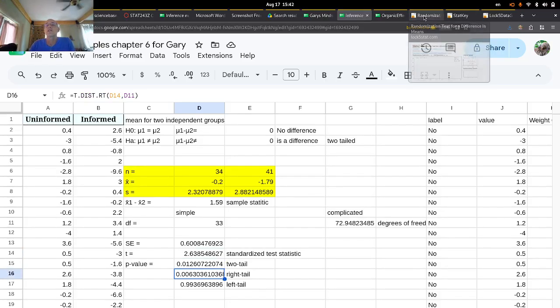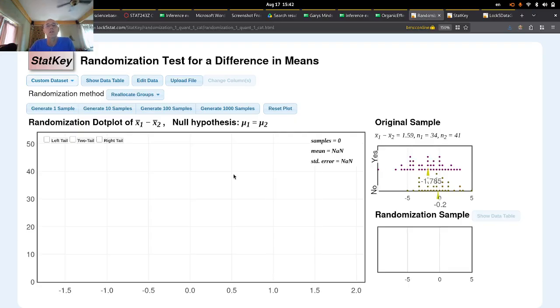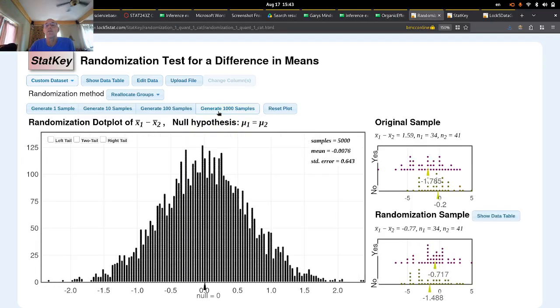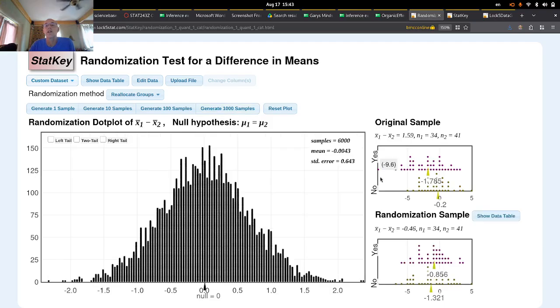Now, StatKey is similarly complicated, but it does it with randomization. So here's that data set here. And again, let's see if StatKey subtracted them in a different order than me. Nope, same order. They just labeled them different as 1 and 2. That's okay. But we're still going to run a right tail test. So once I have the right data and the hypothesis, then I generate at least 5,000. I'm looking for the standard error to settle down. Standard error settled down there.